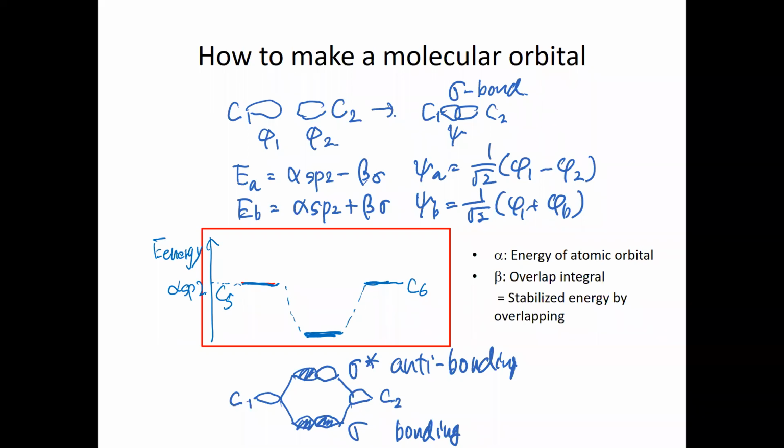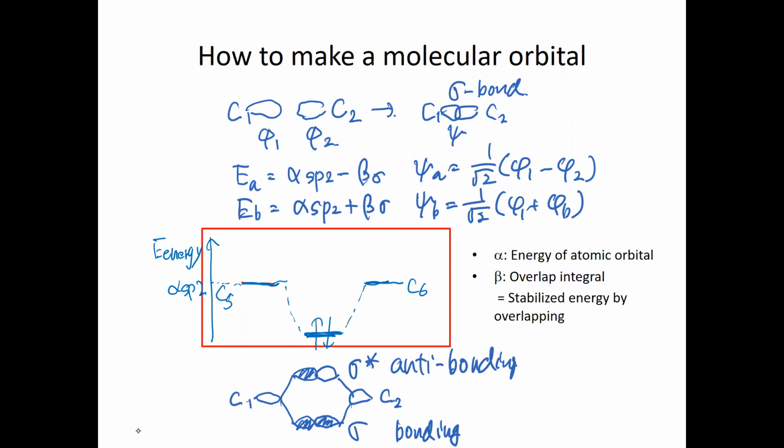However, by overlapping these two orbitals to make a sigma bond, the energy of the molecular orbital becomes lower and stabilized. That's why the two electrons occupy this state.